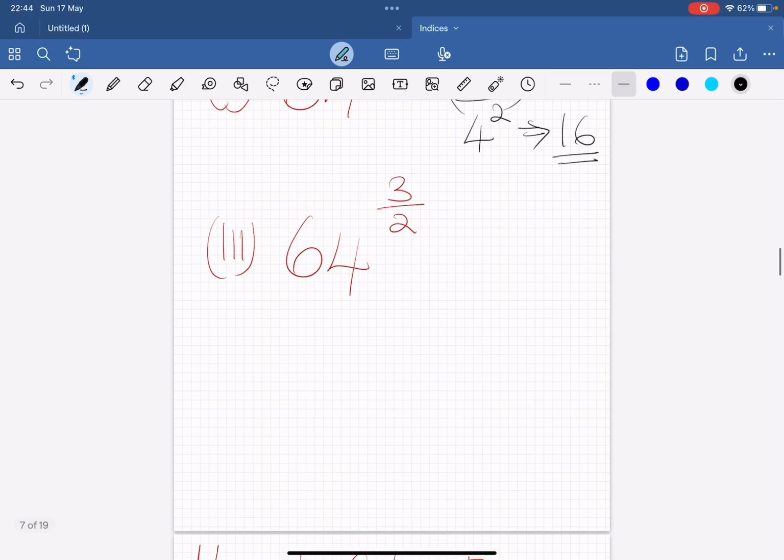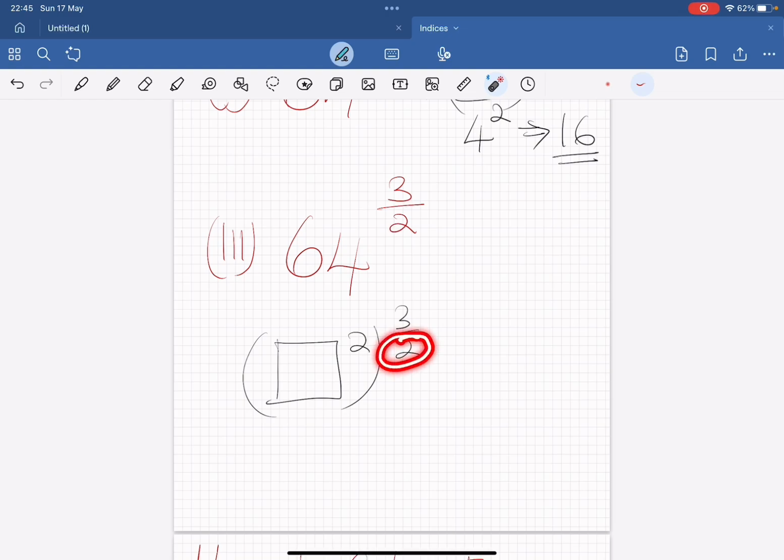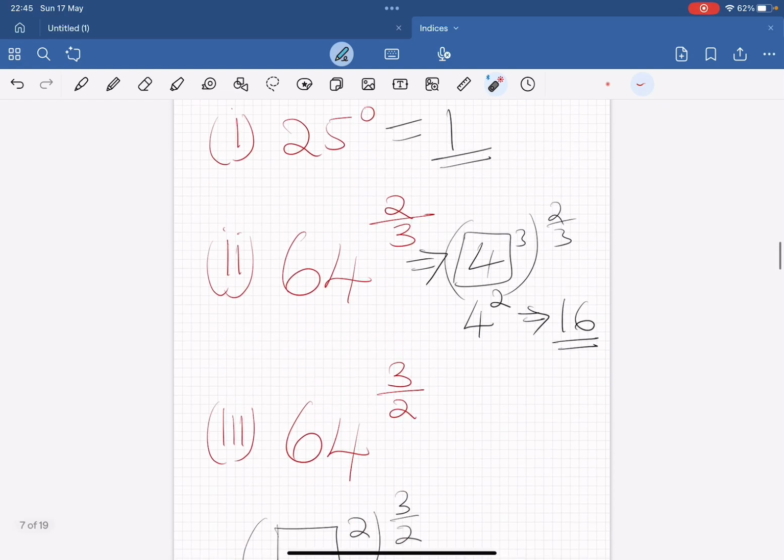And then same thing for this one. You are basically going to find a number you can represent as 64. So basically you just need to find something that you can represent as something squared to the power 3 over 2. The reason why it should be something squared is because of the 2 at the bottom. It's as if the 2 at the bottom dictates what is this side. If this is 2, this has to be 2. If we go back, if this is 3, this has to be 3.